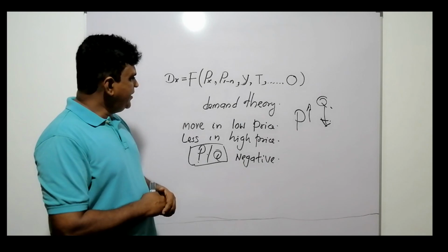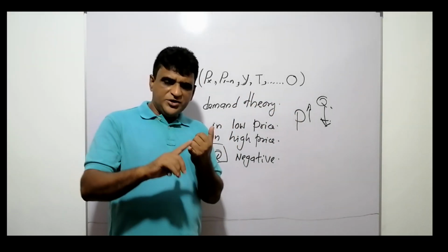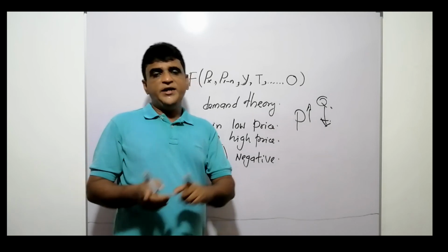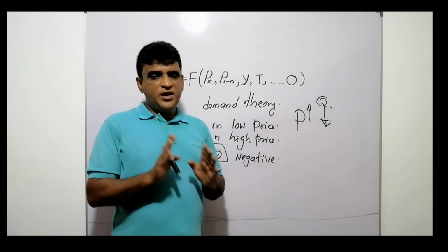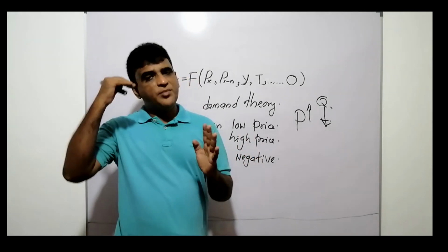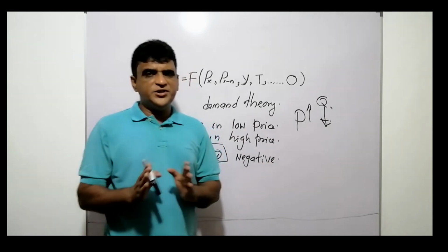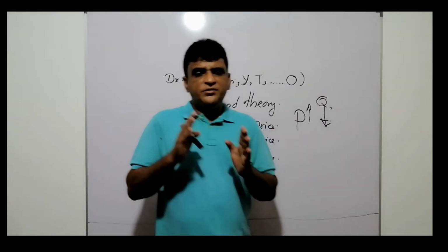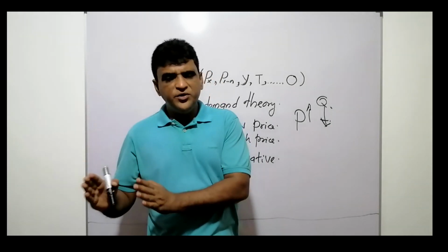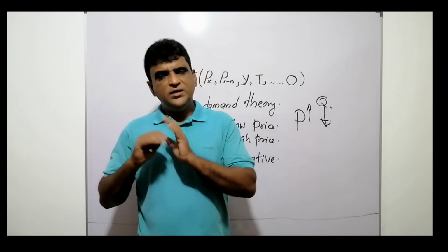In one way, we can represent this by demand schedule and demand curve. The demand curve we can draw based on the demand schedule. We'll consider one by one how we can represent demand by a demand schedule and how we can draw the demand curve based on the demand schedule.